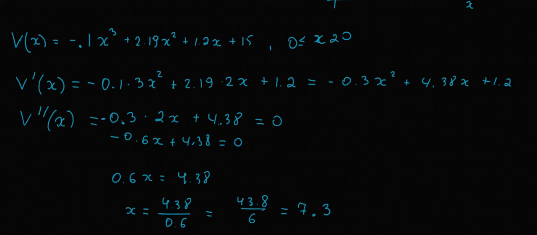And so we find that the point where the second derivative is equal to 0 is 7.3. We only found one point like that. At all other points, the second derivative of this function is not equal to 0.